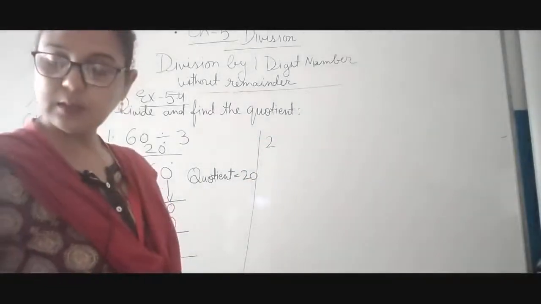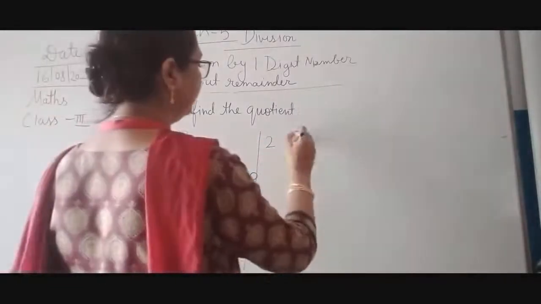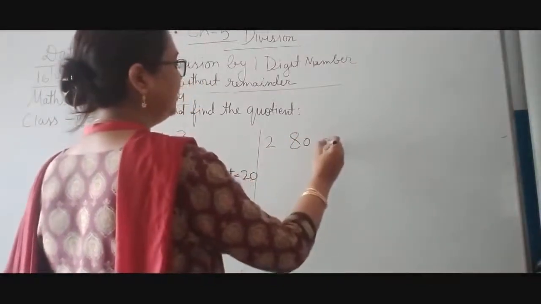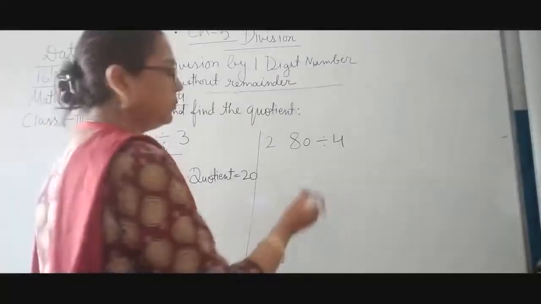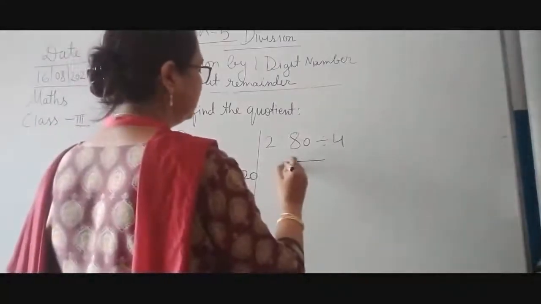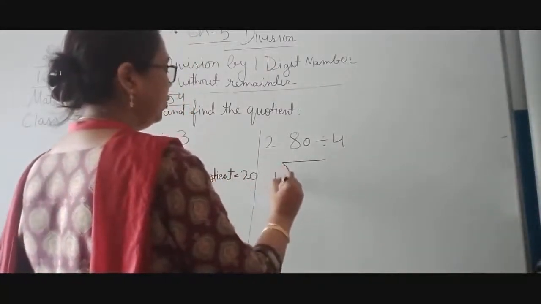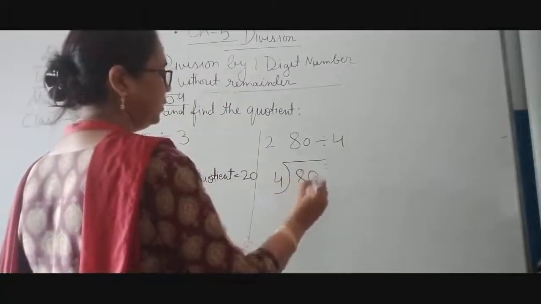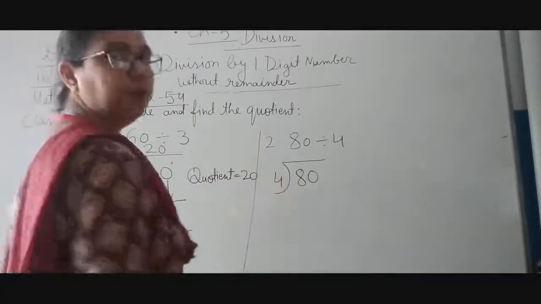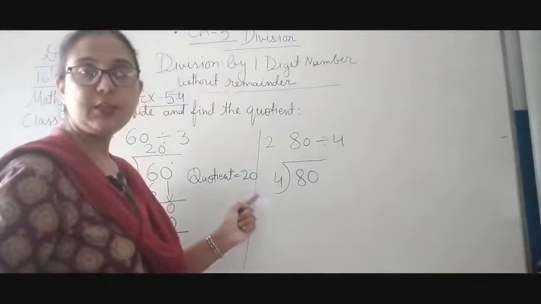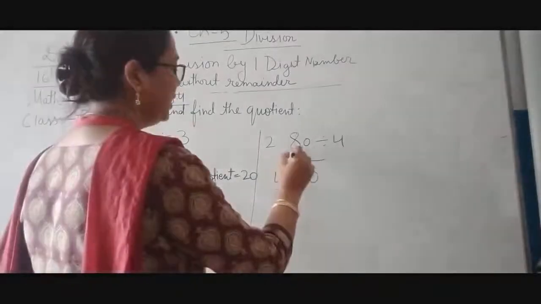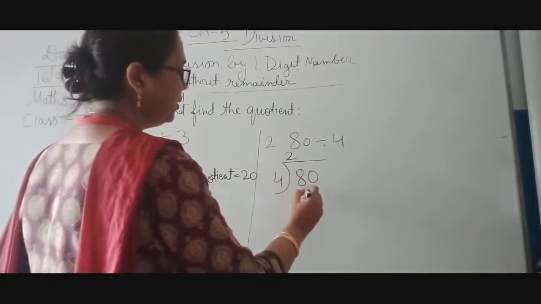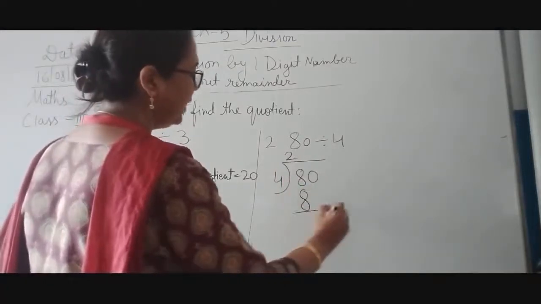Number 2 is 80 divided by 4. So let's start, children. First 4 and 80. Now we will start telling the table of 4. 4 ones are 4, 4 twos are 8. 4 twos are 8.